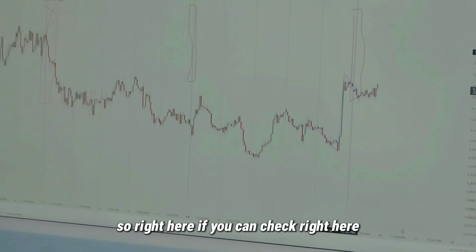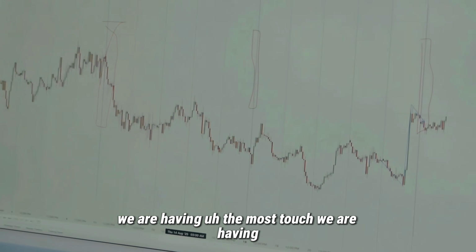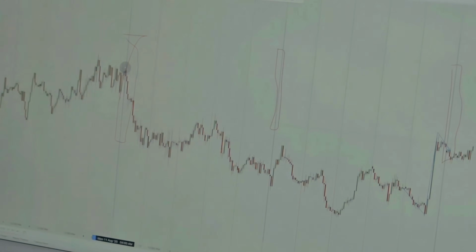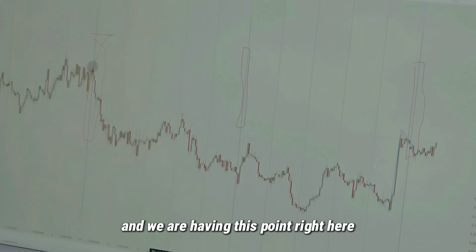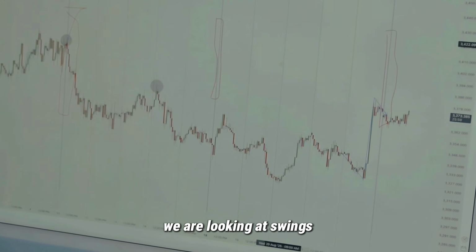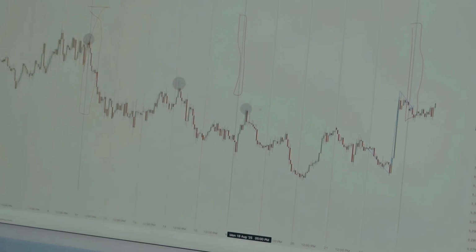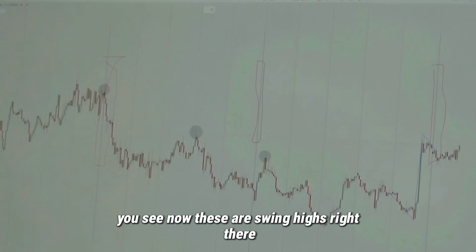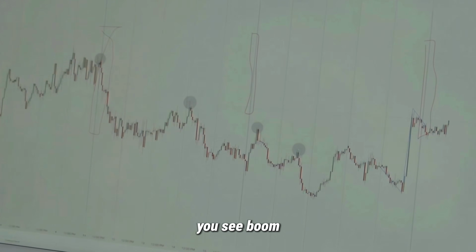All right. So right here, we are having the most touches at this point right here, and this point right here. These are swings. I call them swings, like swing highs and swing lows. You see? Now these are swing highs right there. Boom.